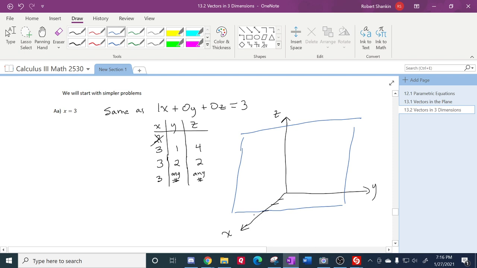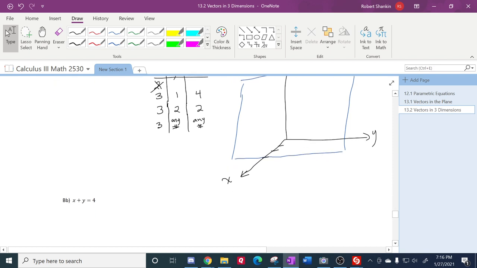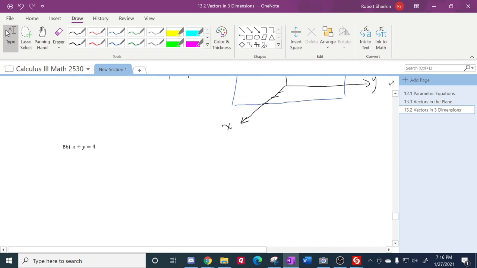Anything on this plane, I can go any direction in the y, any number in the z, and I'll always be on this plane. So although it was a linear equation, it didn't come out to be a line.